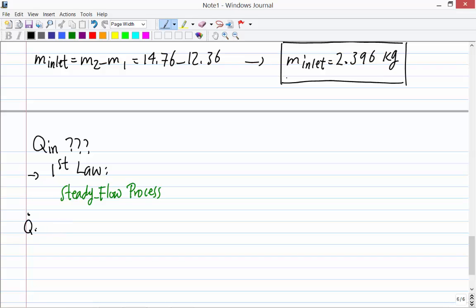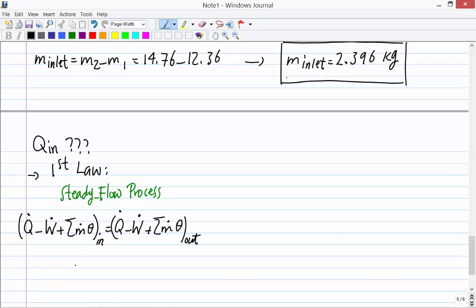Anyway, Q dot minus W dot plus summation over the total energy carried by mass, all at the inlet, equals Q dot minus W dot plus summation over energy carried by mass at the outlet, everything at the outlet.